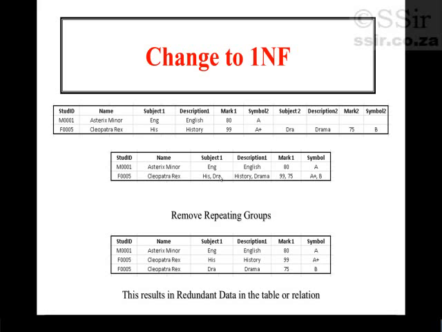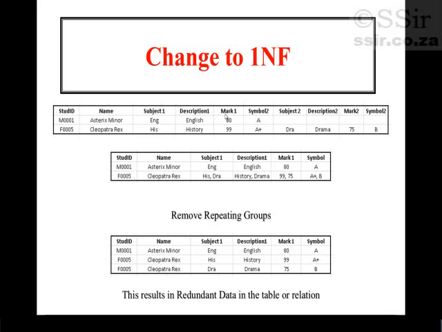Now history and drama appear in the same field, and the marks appear in the same field, and the symbols do, and the descriptions do. But you should be able to see that it's very easy to rewrite this format into this first format that we used over here. And here the repeating groups are clearly visible.